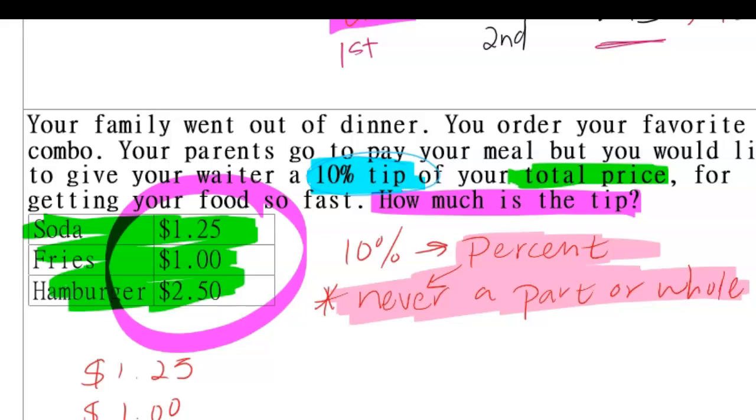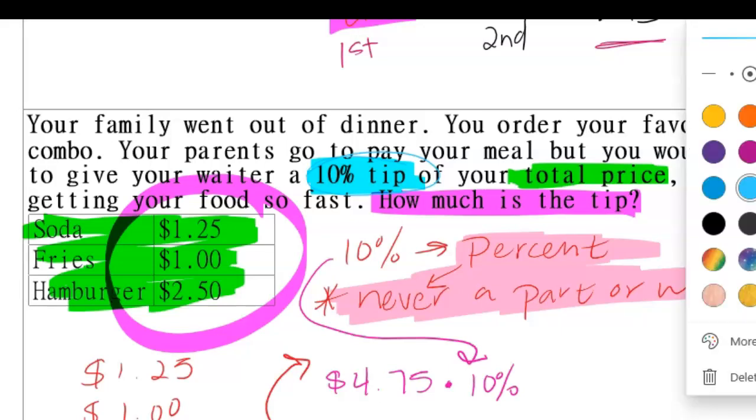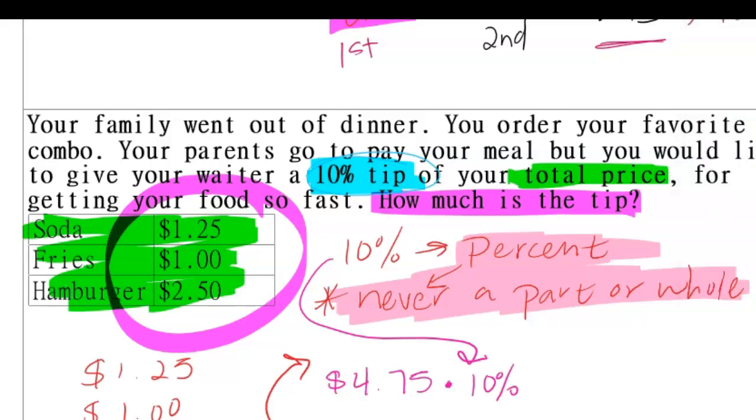Okay, so now taking that number and your percentage, I want you guys to write $4.75 times 10%. Where did I get this from? If you guys remember, we have our whole times our percent gives us our part.